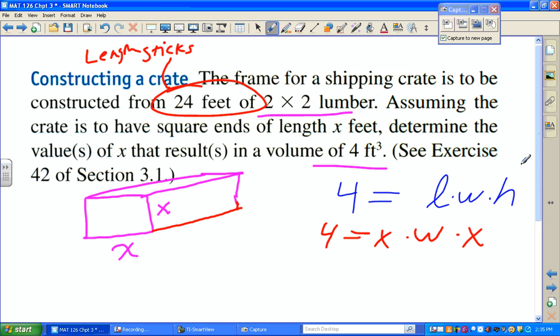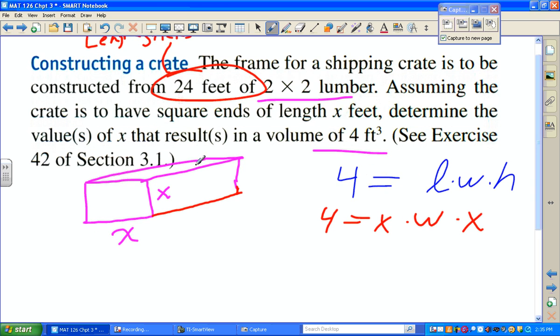Well, how many sticks are there? Here's W. Well, on one end, there's 4 x's, aren't there? x, x, x, and x. On the other end, there's an x, an x, an x, and an x. How many x's are there? 8 x's. How many W's? 1, 2, 3, 4 W's, right?